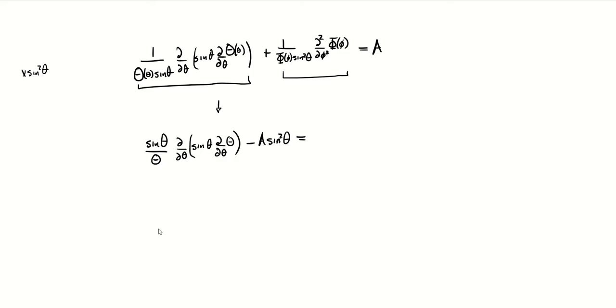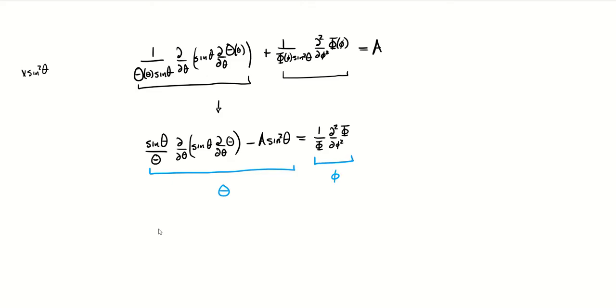And if we bring all the azimuthal stuff to the other side, 1 over our azimuthal function times partial phi squared of our azimuthal function. And just like we saw last time we did separation of variables, we've got all the theta stuff over here, all the phi stuff over here.